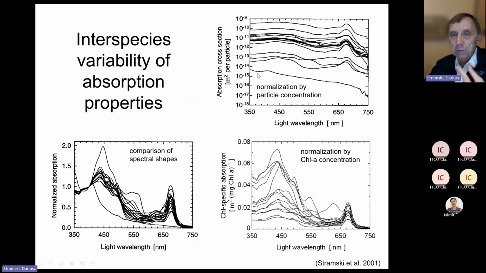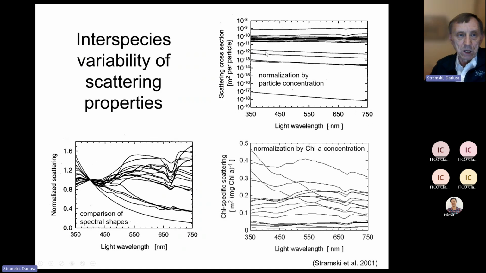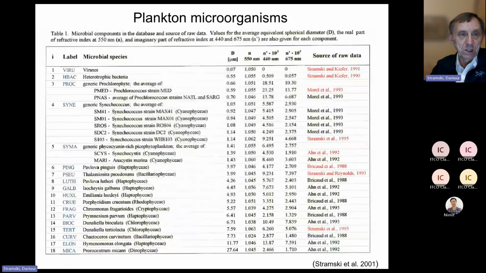Viruses are not shown, as they were assumed in this calculation to have no absorption. The lowest curve is heterotrophic bacteria, and the highest curve corresponds to the largest species, about 30 microns in size. All of these curves, from 3 through 18, are phytoplankton species, photosynthetic organisms.